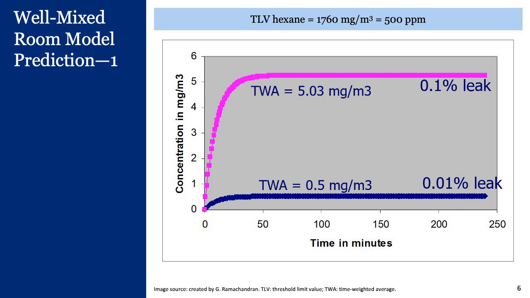So they're both well below the TLV for hexane. If we just go with this model, it does not matter what the leak rate is, and we could be off by a factor of 10. It doesn't make a whole lot of difference to our decision. There's a tenfold difference in the actual concentration, but because both concentrations are so much lower than the threshold limit value, we are not that worried about the uncertainty in the knowledge about the leak rate.